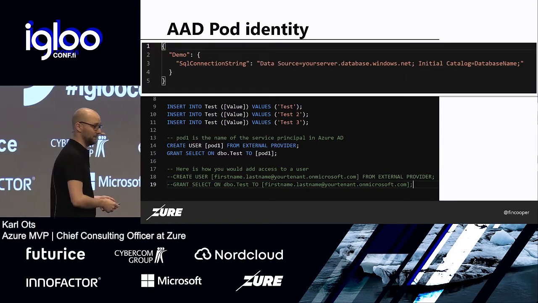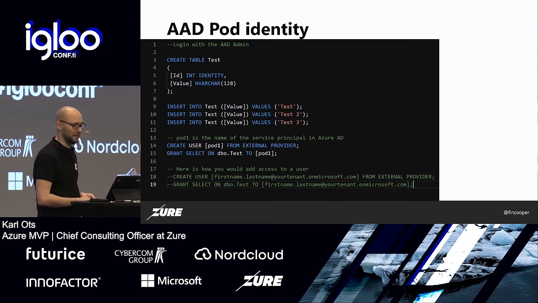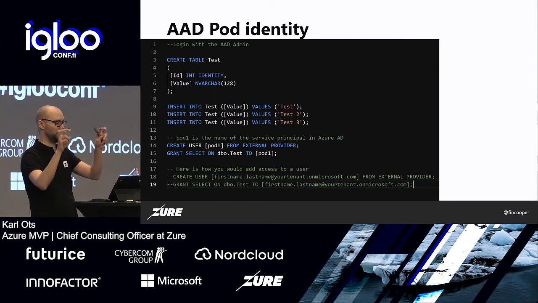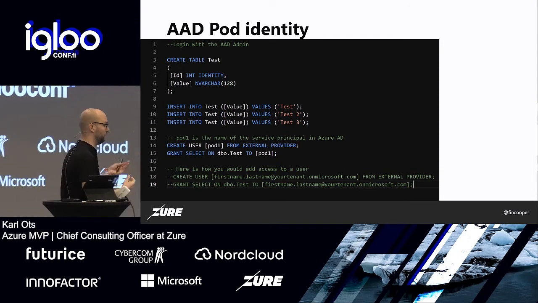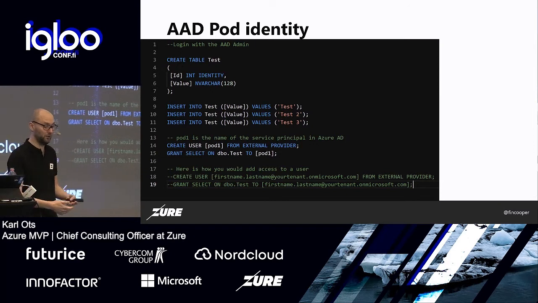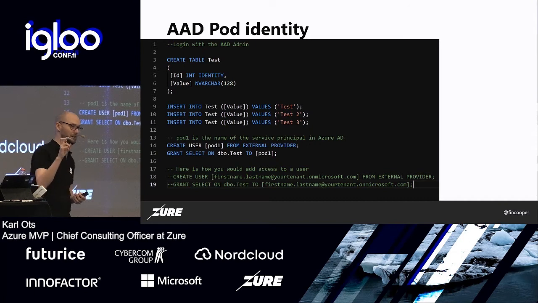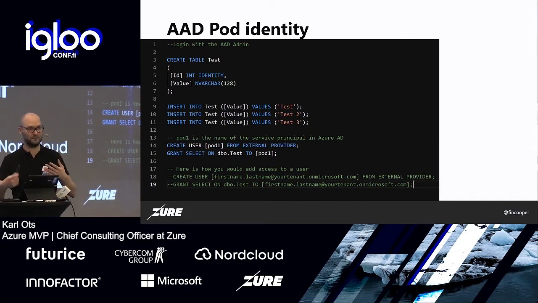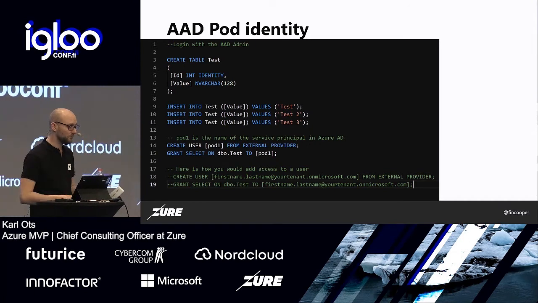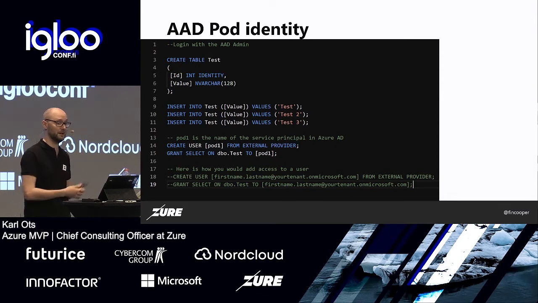And this is an example, once we configured this managed identity from an external provider. This pod 1 is my application that needs to connect to the SQL database. It's something called pod 1 in Azure AD as well, so we can just create a user inside that SQL from that linked Azure AD, and then we can grant select on that database test for that user, or that pod identity.